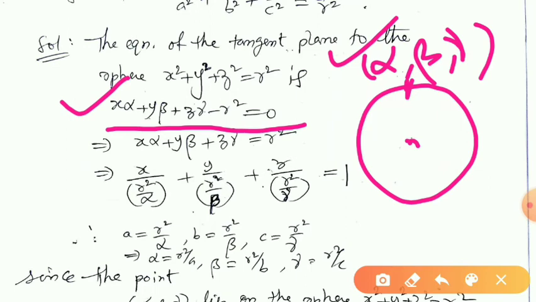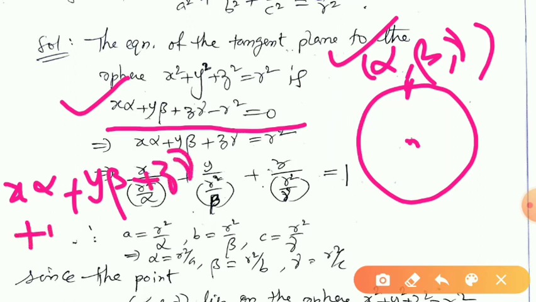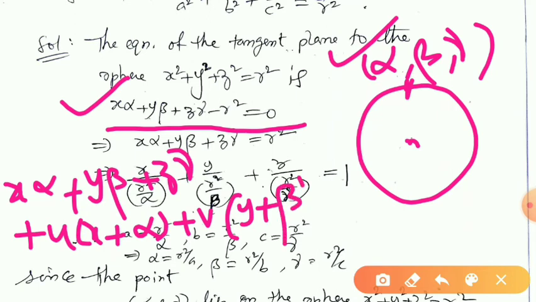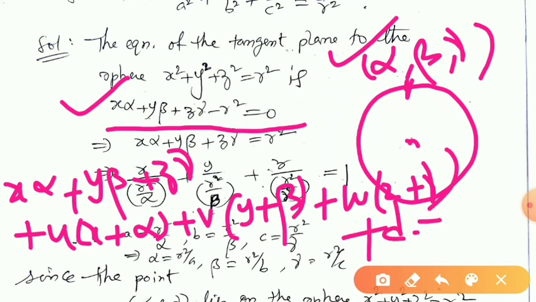This is by the principle to find the tangent plane, that is x alpha plus y beta plus z gamma plus u into (x plus alpha) plus v into (y plus beta) plus w into (z plus gamma) plus d is equal to 0.